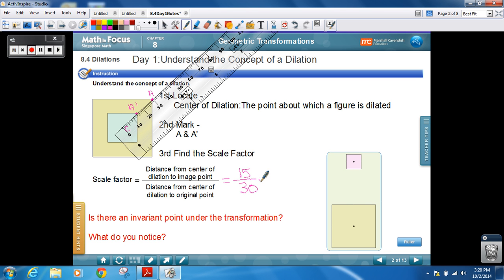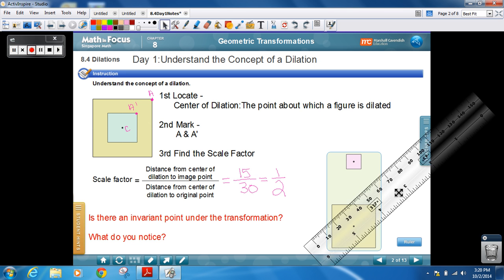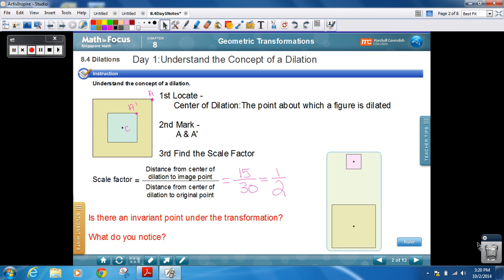If I reduce that, that gives me a scale factor of 1/2. So if I think about this, my original was larger than my image, so it's getting smaller. So my scale factor is 1/2, which is smaller than 1.